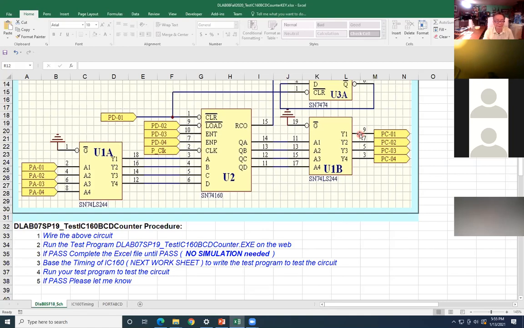It's supposed to be 1. If it's not 1, that means U1B can be wrong. Make sure pin 19 must be 0.